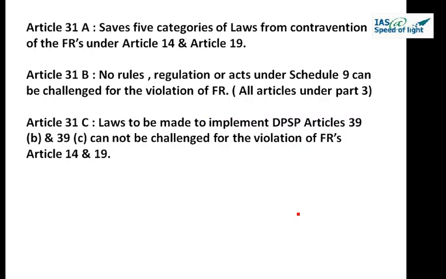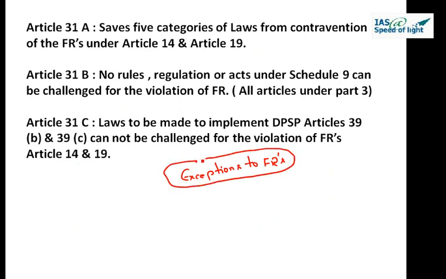Let's move to Articles 31A, B, and C, and these articles are known as the exceptions to fundamental rights. Here the government is trying to make certain laws which, if they are in violation of fundamental rights, would have to be void, but they can't be declared void by the courts.